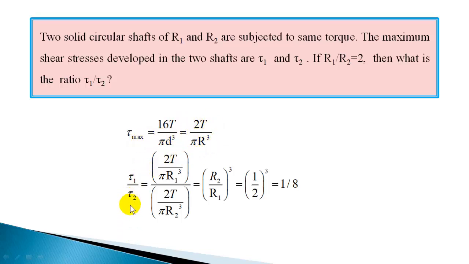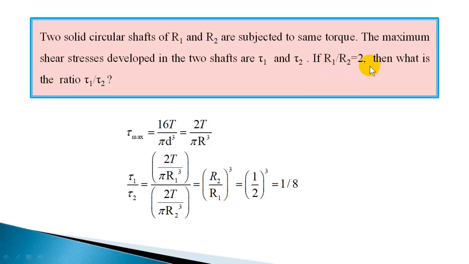So τ1 by τ2, the ratio of shear stresses induced in two shafts of radius R1 and R2, you can find out as 2T divided by pi R1 cube, divided by 2T divided by pi R2 cube. The torques are the same, so it is R2 by R1 whole cube.